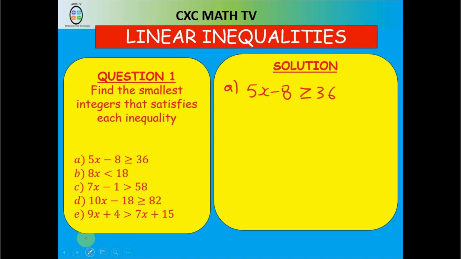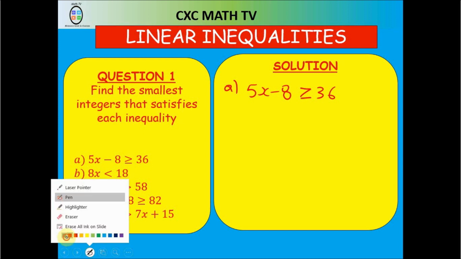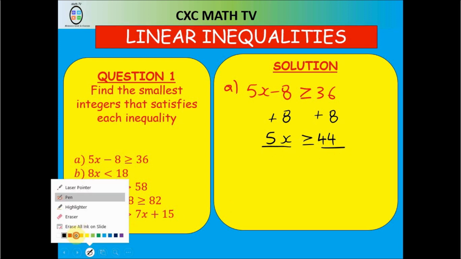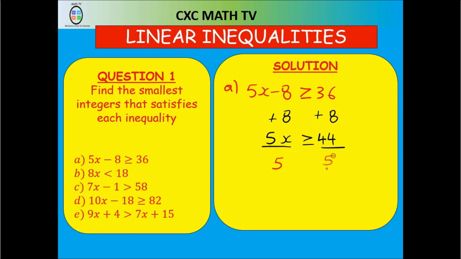All right, looking at the first one, 5x minus 8 is greater than or equal to 36. The first thing we need to do is isolate x. We add 8 to both sides, and we get 5x is greater than or equal to 44. Since we need x, we divide both sides by 5.